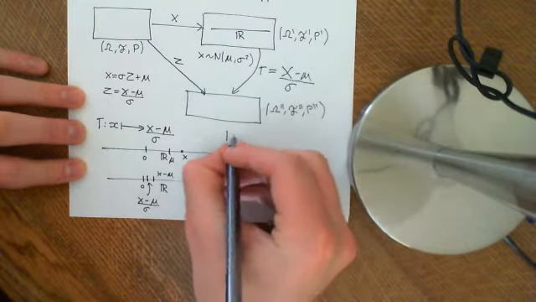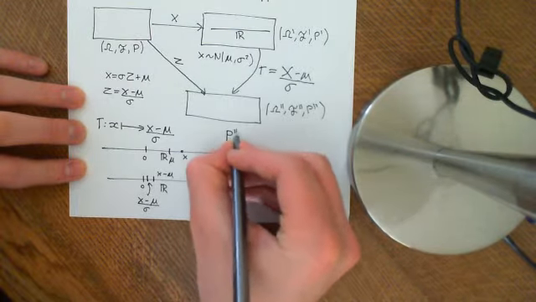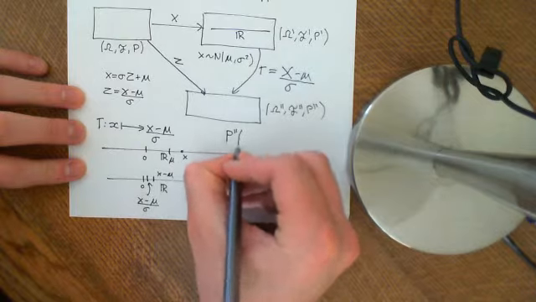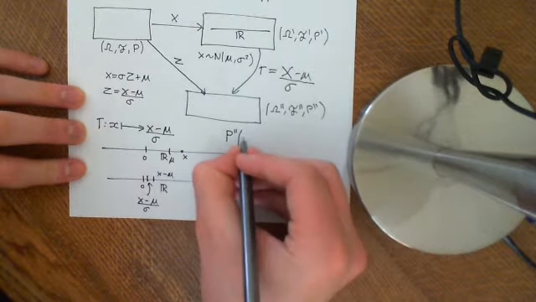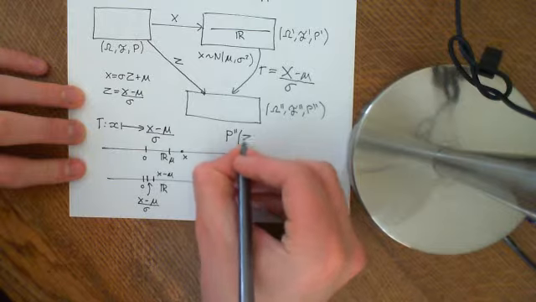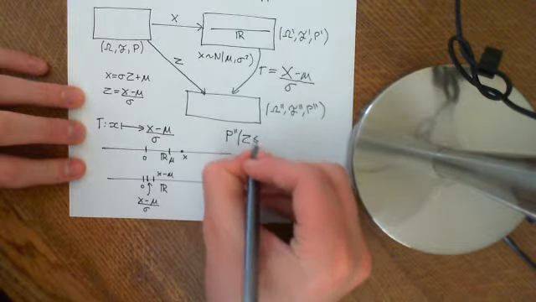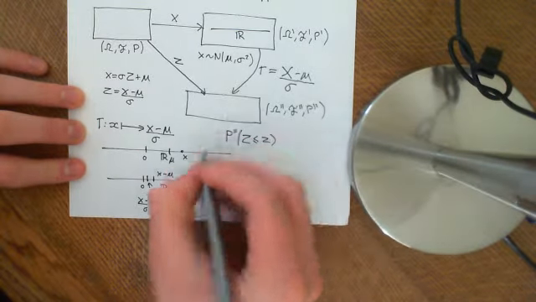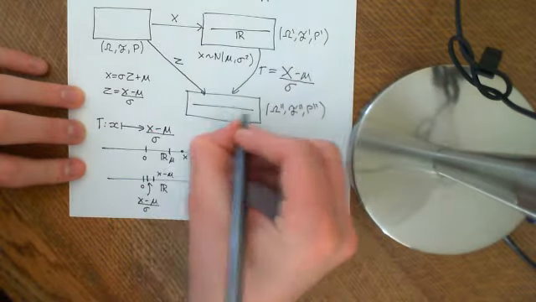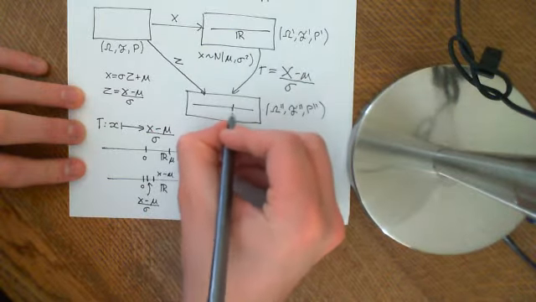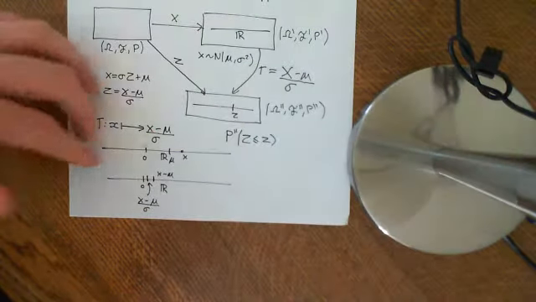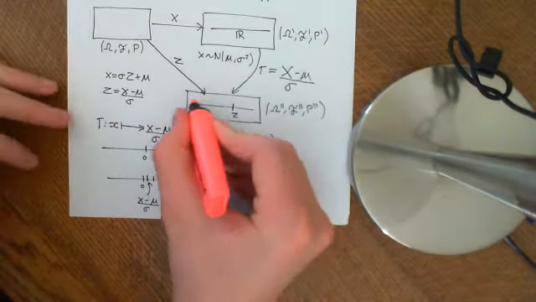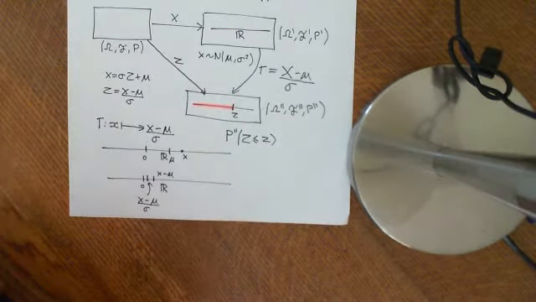Then I want P double prime of some set, let's say Z is less than or equal to some little z. So we're taking the event, if you imagine this being the real numbers and you've got some z here, all real numbers less than or equal to z.